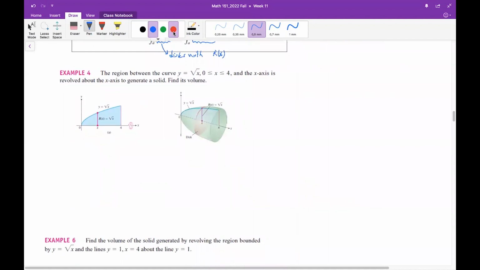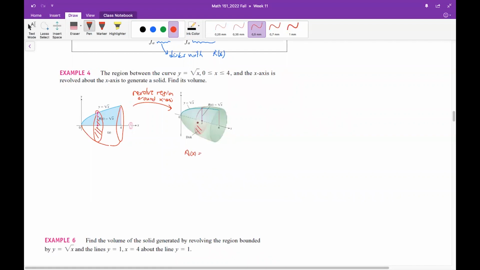What we have done above is to revolve this region around which axis? We revolved it around the x-axis.